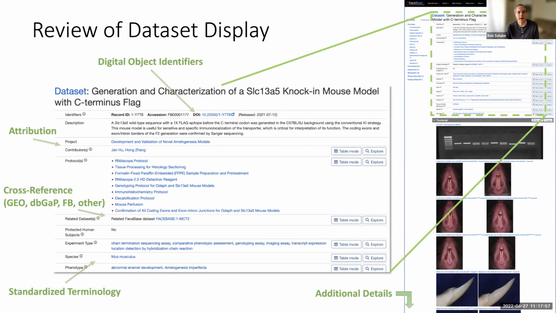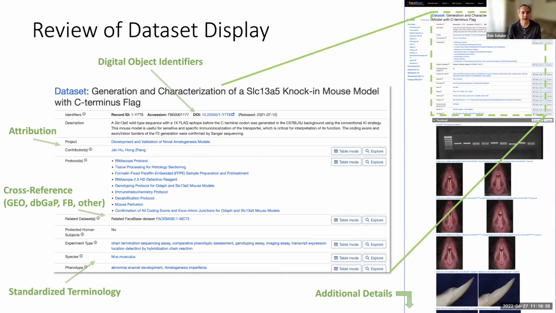So just looking at what an actual data set looks like on FaceBase, just zooming in on it a bit here. So on the right-hand side, we have a kind of a large thumbnail, if you will, of what an overall data set page looks like. And what we're calling out here in this slide is the top portion, that is the top level description of that data set.